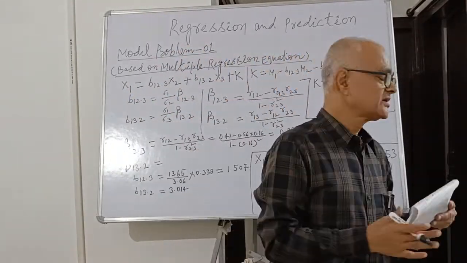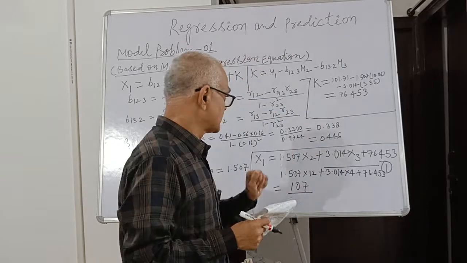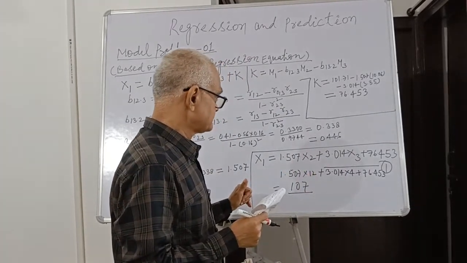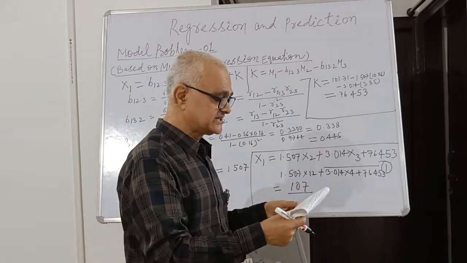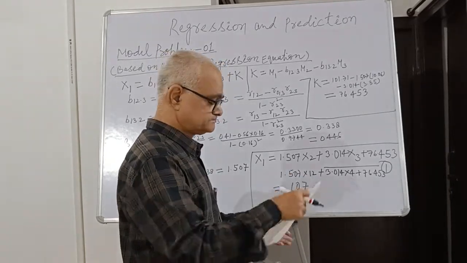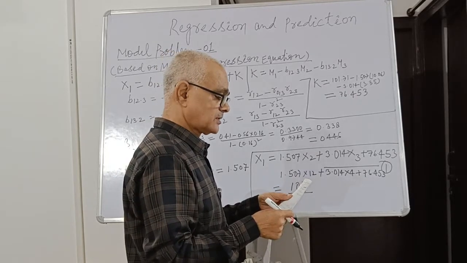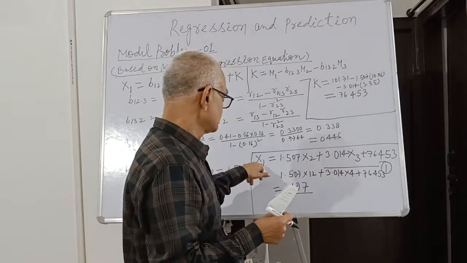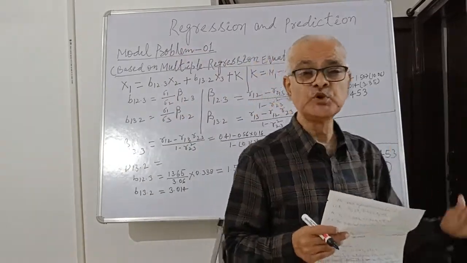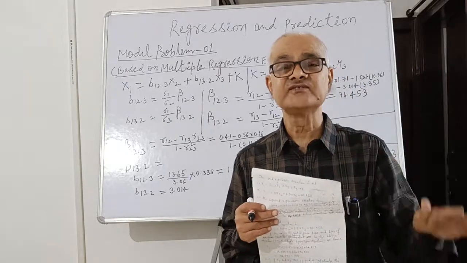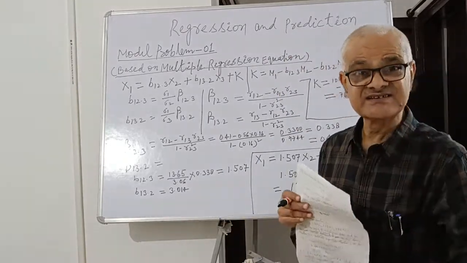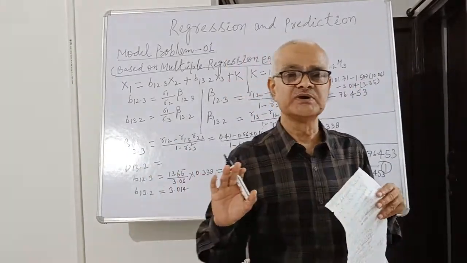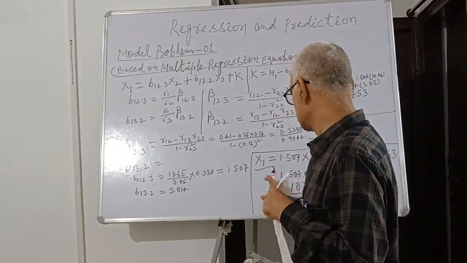Meaning, if x2, the intelligence value, is 12 and the other variable x3, with respect to study hours, is 4, then in the given multiple regression equation we can predict the value of x1, and in this specific problem the value of x1 is 107.